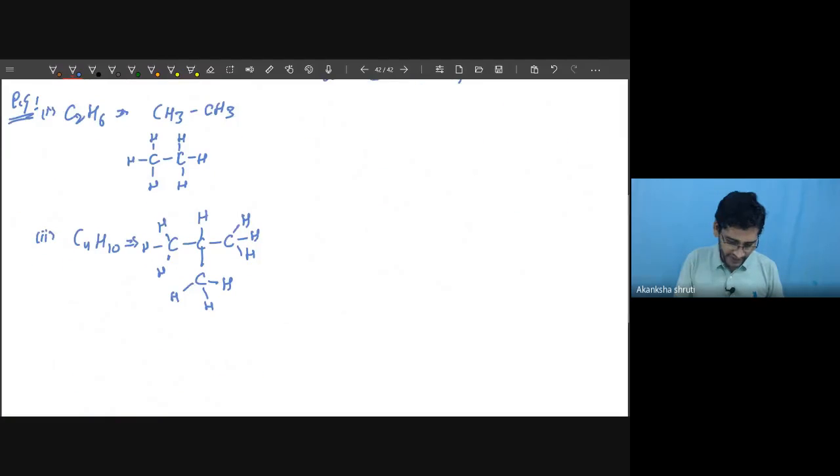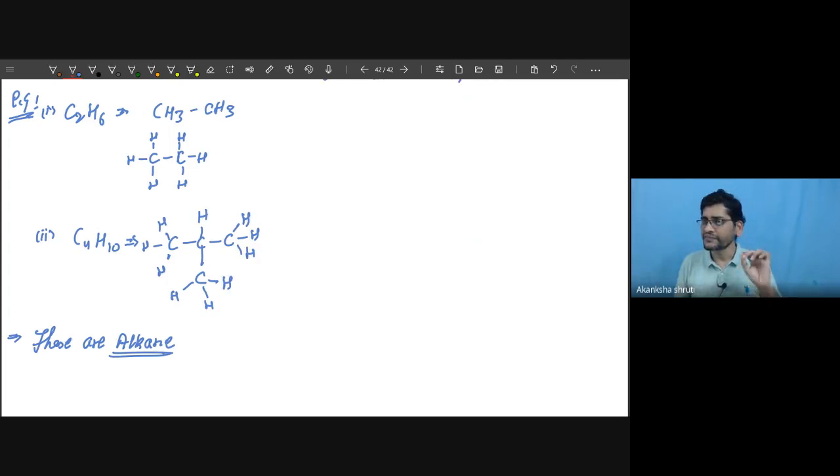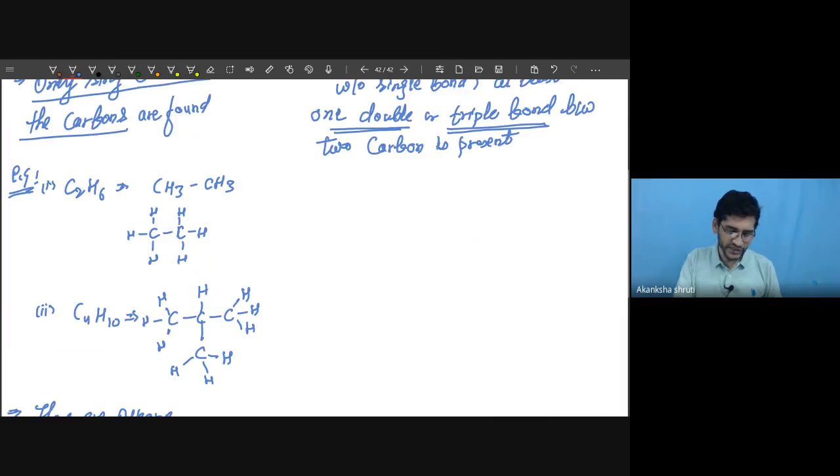Getting it? So you may write, these are alkanes. So alkane is representing the group of hydrocarbons which are saturated.